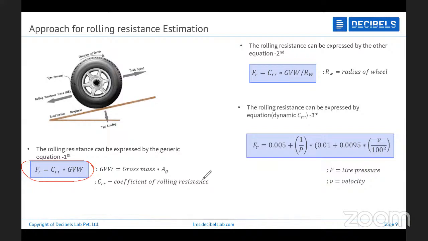As we defined, the rolling resistance value considers the velocity of your vehicle and the pressure of your tire, and it depends on different categories of vehicles, maybe light vehicles or heavy vehicles. So in general, for our calculation, we'll be considering this equation. I will define these terms once we enter the calculation part. For now you can just take this equation.